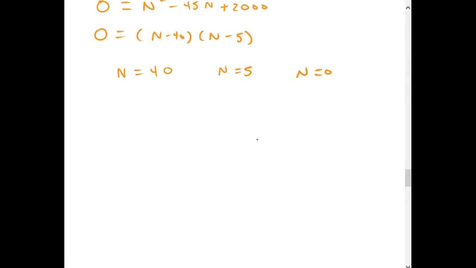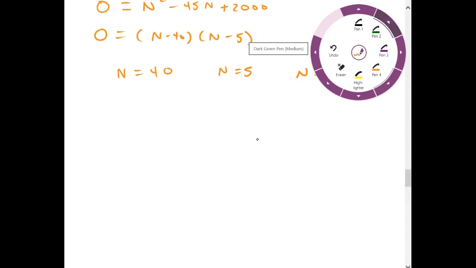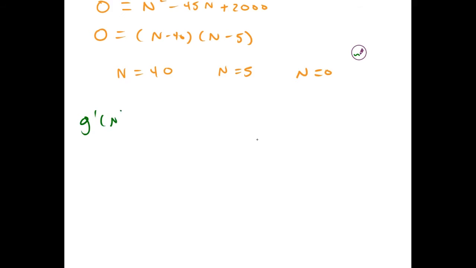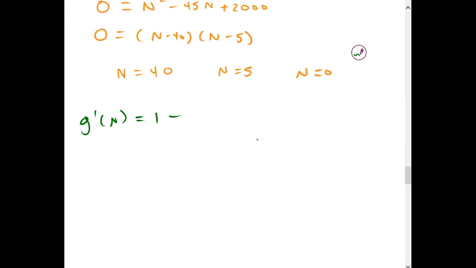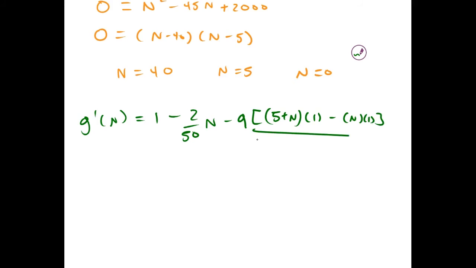So now we're going to check the stability of these equilibria by differentiating g(N). And when we do that, we get 1 minus 2 over 50 N minus 9, and we're going to do the quotient rule, so (5 plus N) times 1 minus N times 1, all over (5 plus N) squared.